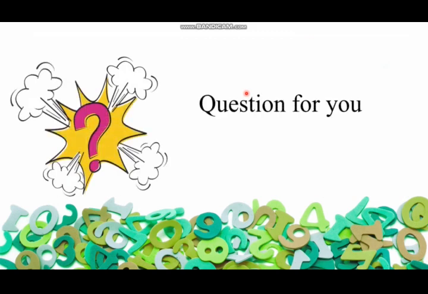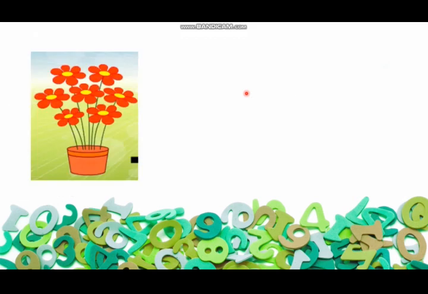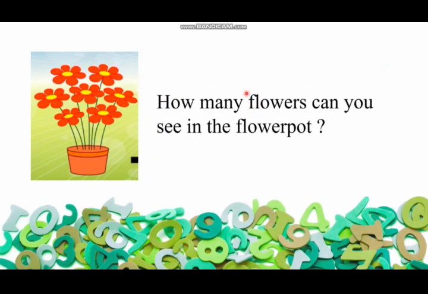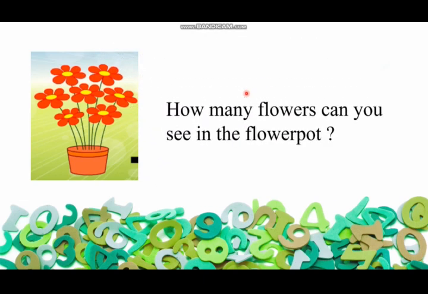Now I have a question for you. Let me see whether you can solve it or not. Can you see what it is? Yes, it is a flower pot with flowers in it. Now, can you tell me how many flowers you can see in the flower pot?